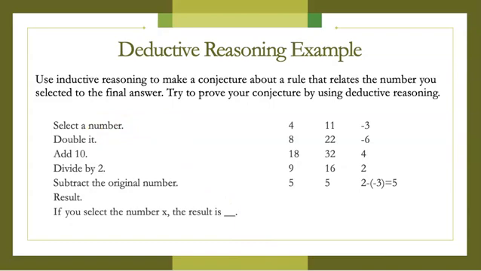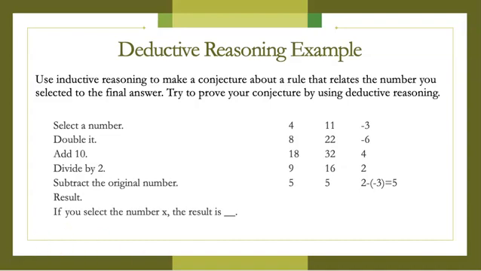If I double it, I get -6. If I add 10, -6 plus 10 is +4. If I divide that 4 by 2, I get 2. And then if I subtract the original number that I started with, 2 minus -3 gets me back to +5 again.